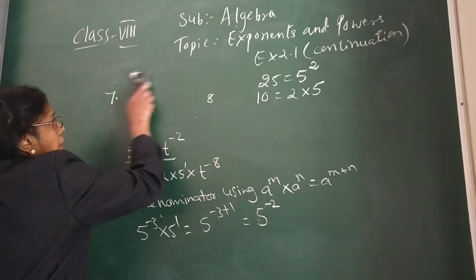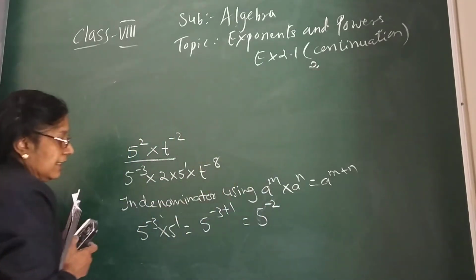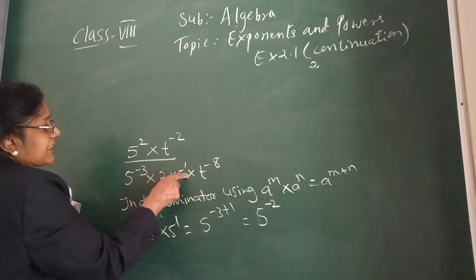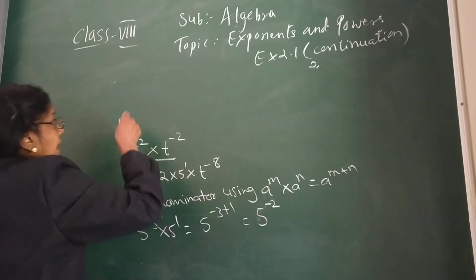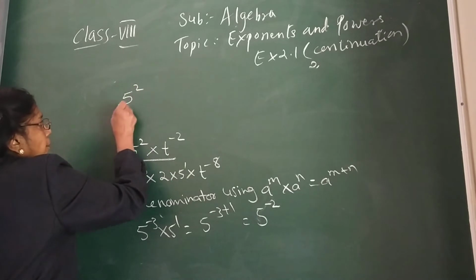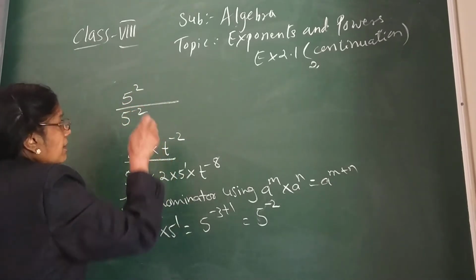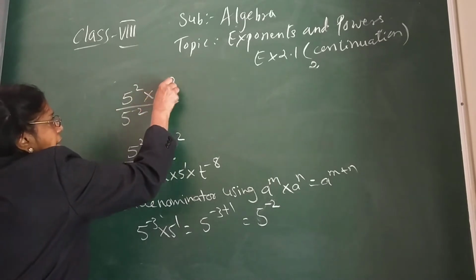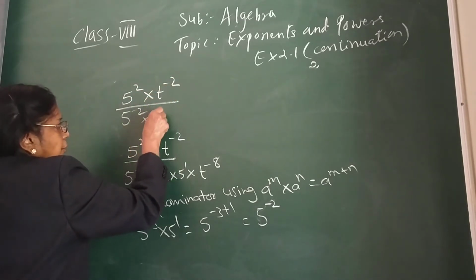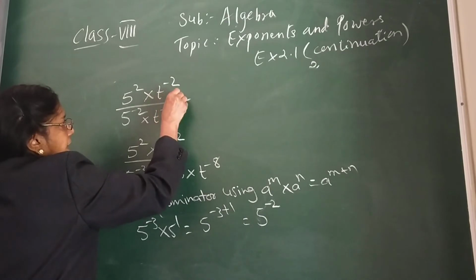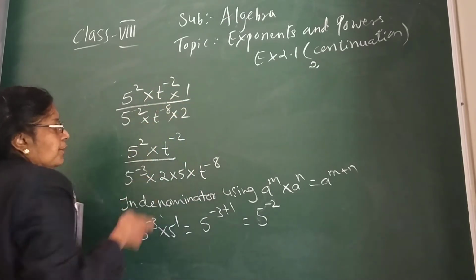So now what shall I get further? In place of this, I shall write 5 to the power of minus 2. So 5 to the power of 2 divided by 5 to the power of minus 2, into t to the power of minus 2 into t to the power of minus 8, into 2.